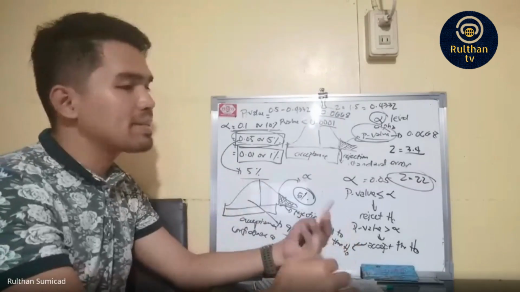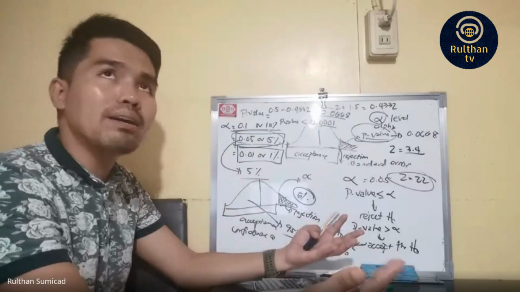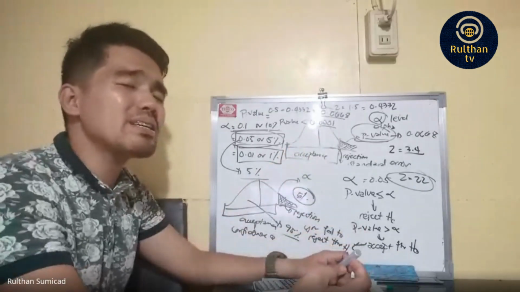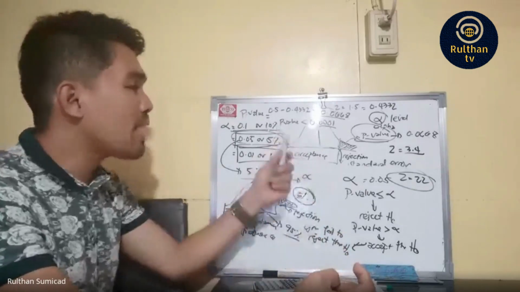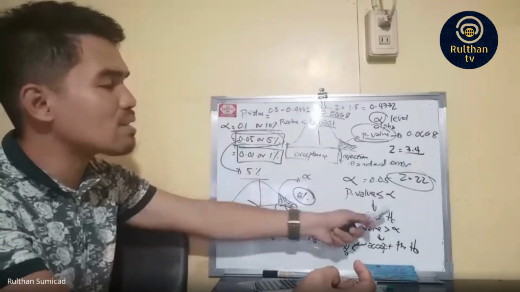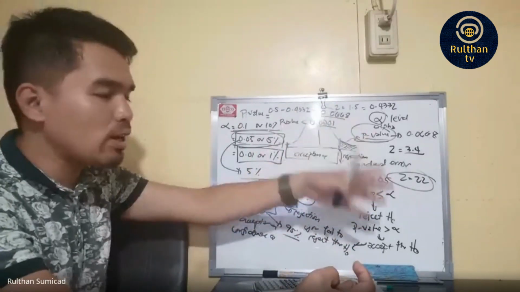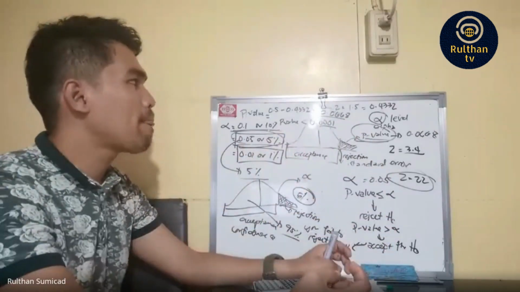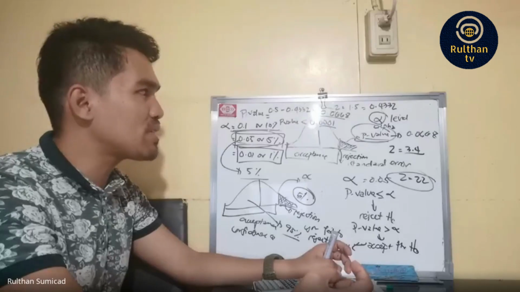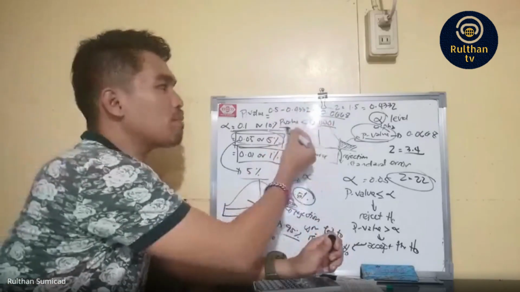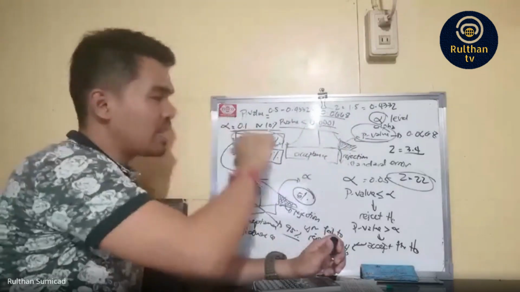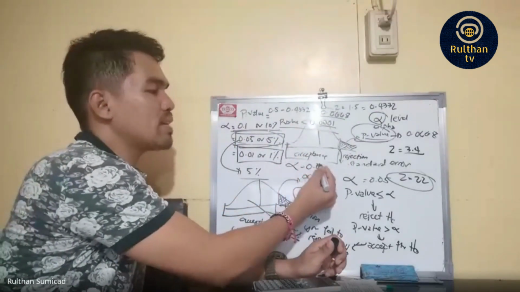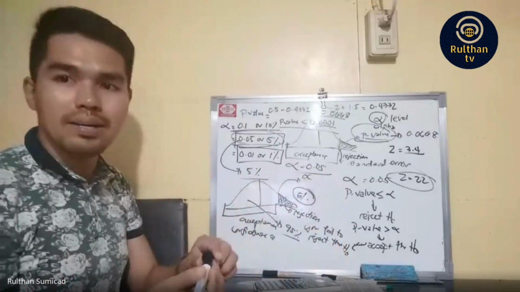That's why, if our z score is 22 or can no longer be found in the table, we will just report that the p-value is less than 0.0001. So assumingly, if this is your p-value, automatically this is already less than our alpha, which is 0.05. Okay?